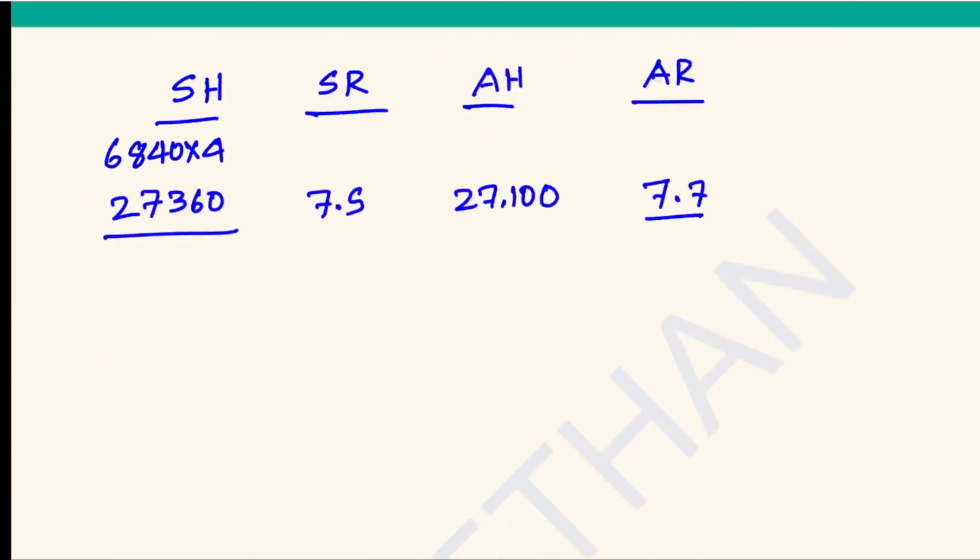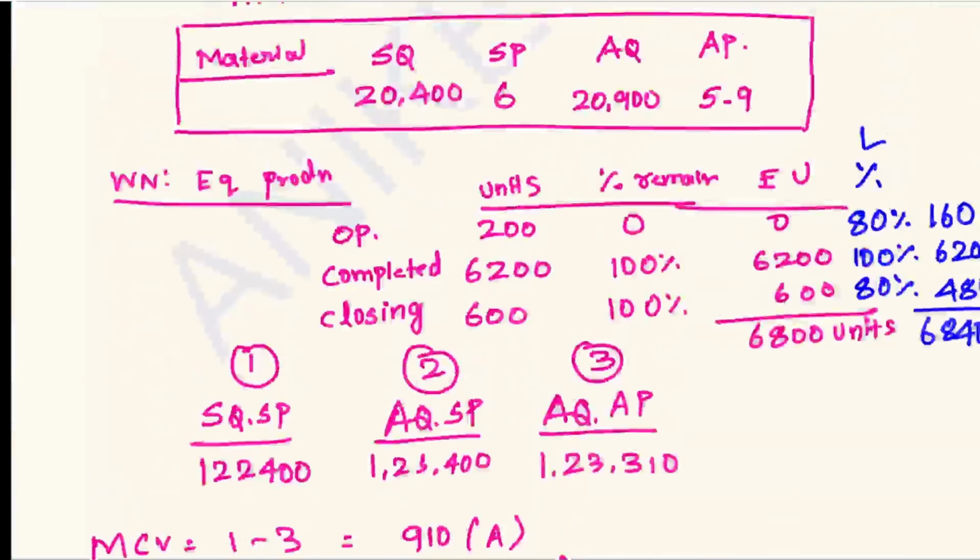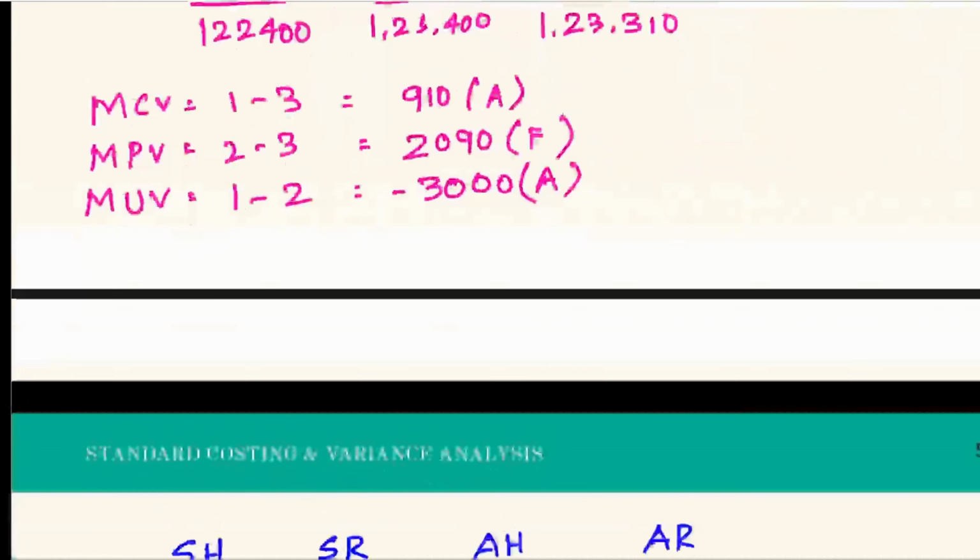Now you have your SHSR, AHAR. The next step is, first one is SHSR, AHSR, AHAR. So 1, 2, 3. AHAR is directly given, 2,08,670.